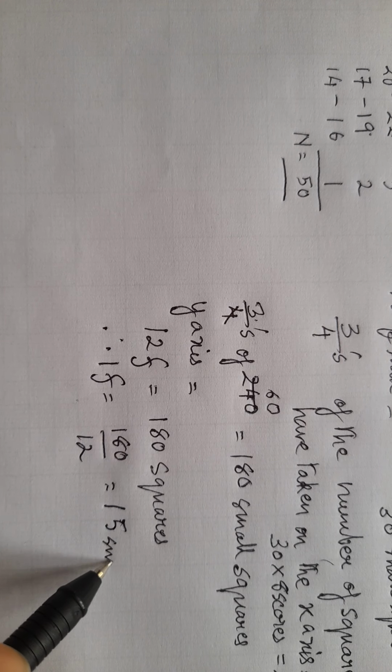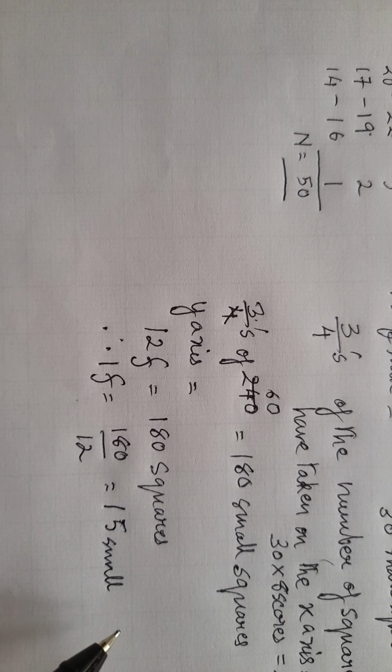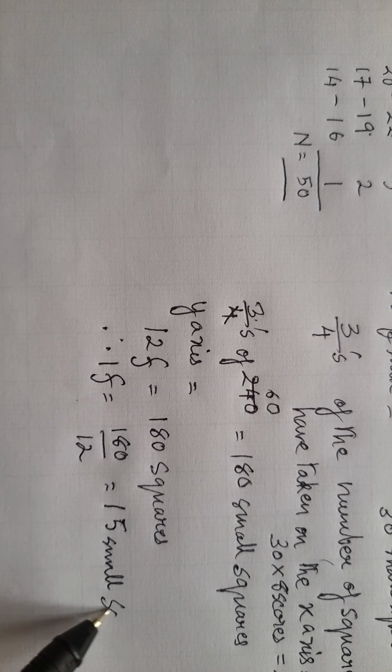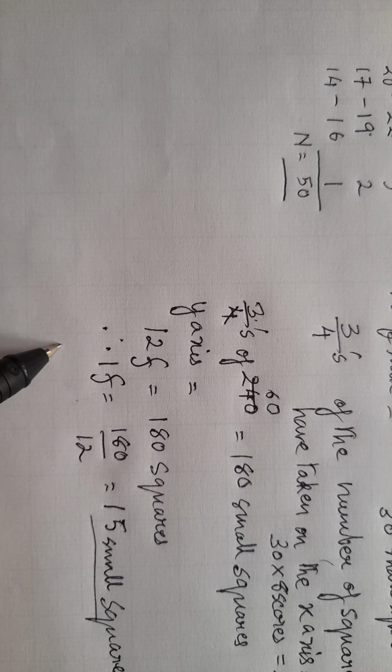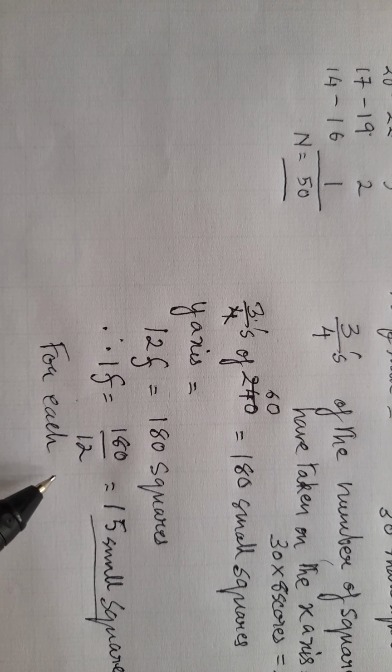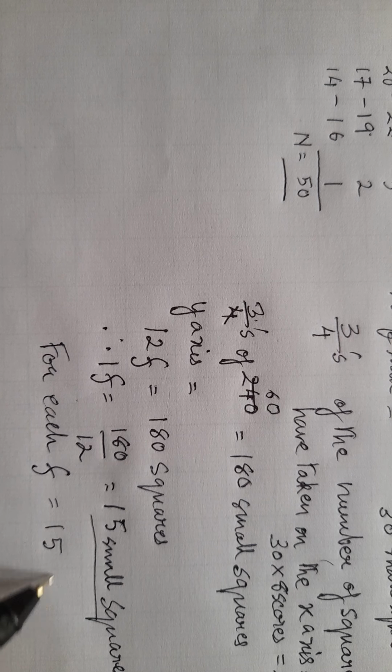Then small squares. Therefore, for each frequency we will take 15 small squares. This is the calculation of the 75% rule.